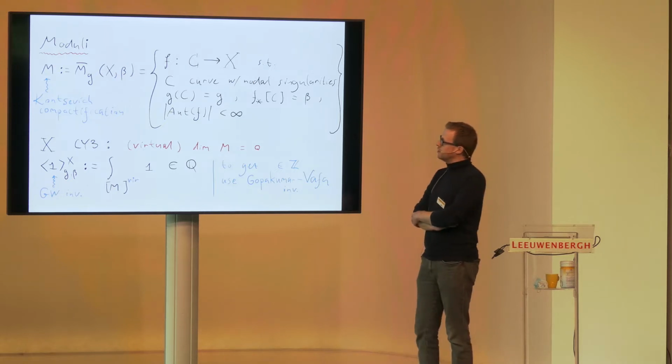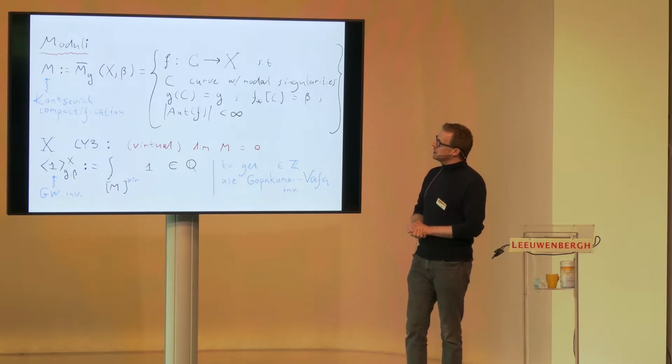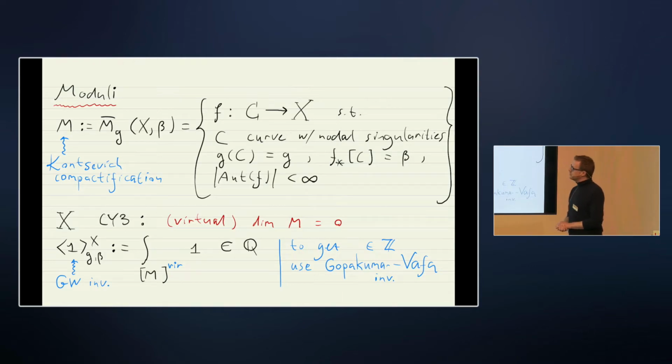So this consists of maps from C to X, where C is now allowed to acquire nodal singularities. We furthermore fix the genus of the curve and the homology class beta. And to keep things under control, we require the automorphism group of the map to be finite.